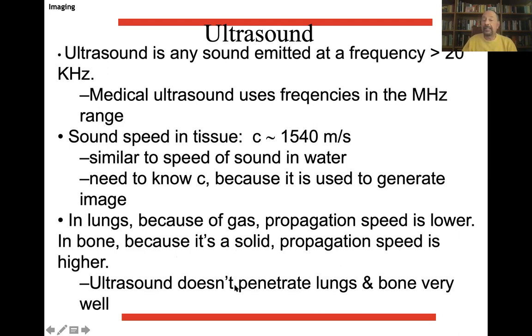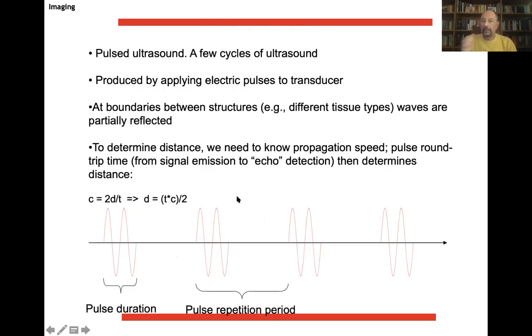So the ultrasound doesn't penetrate lungs and bone very well. The change in velocity gives you this problem. There are different types of ultrasound. You generally use pulsed ultrasound, a few cycles, produced by applying electric pulses to a transducer.